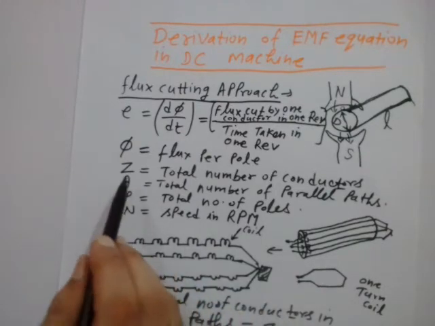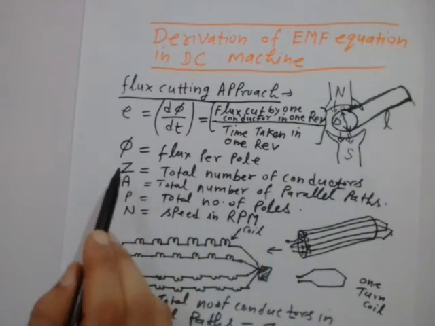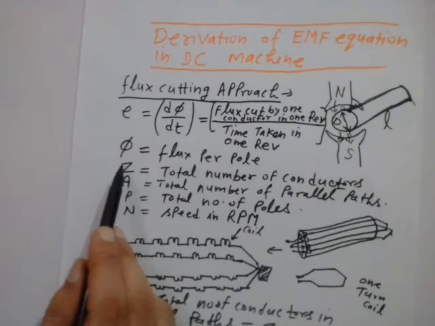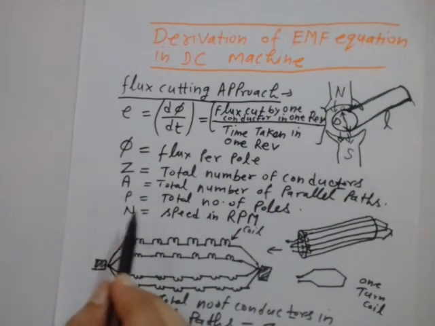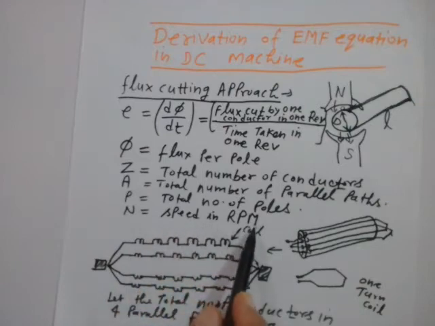I have already taken the total number of conductors to be Z. See, Z is a standard notation for the conductors, right? Similarly, N is a standard notation for the speed, you should keep in mind. So the total number of conductors in 4 parallel paths is, suppose, Z.